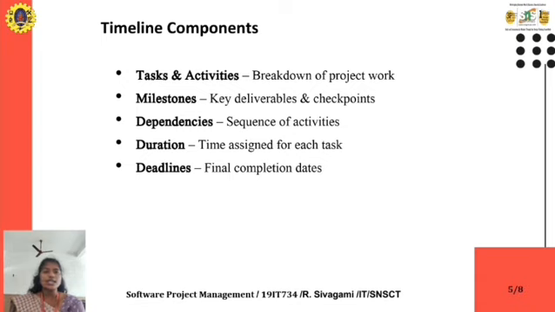This sequence is called dependencies. The duration means the time assigned for each task. And deadlines: the completion date is called the deadline.